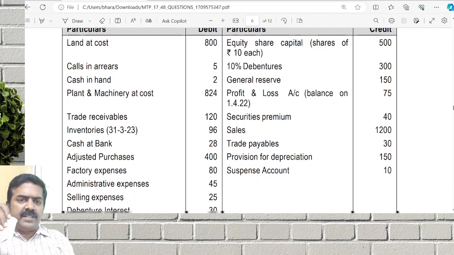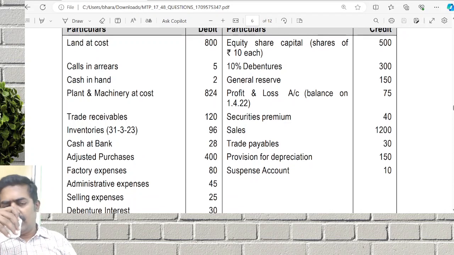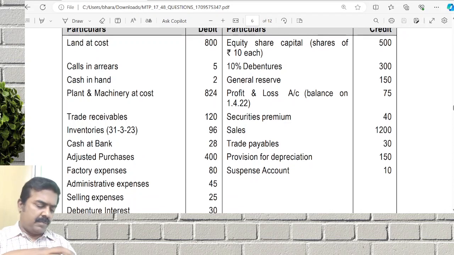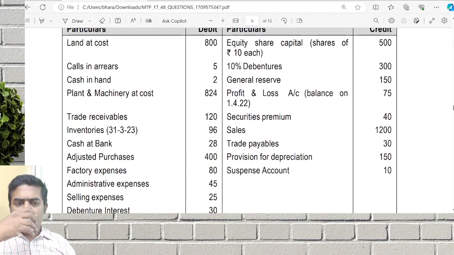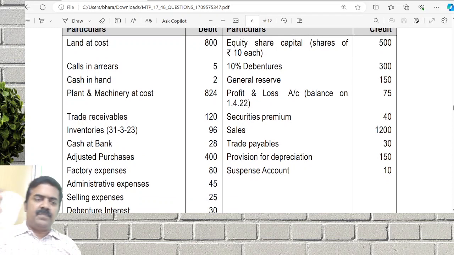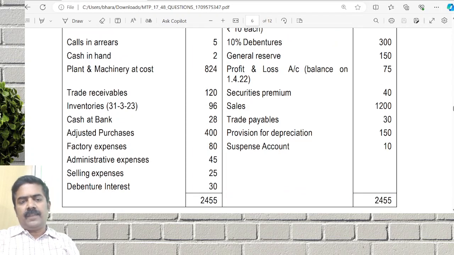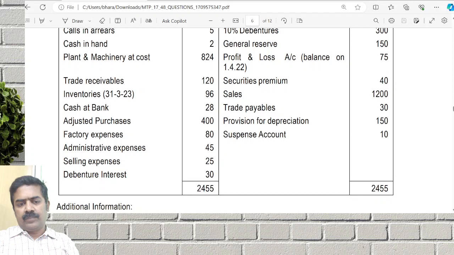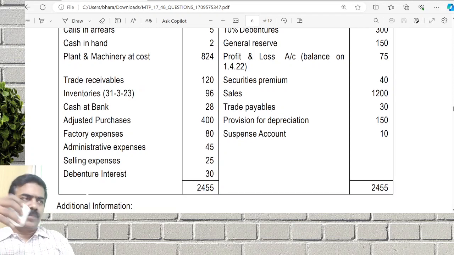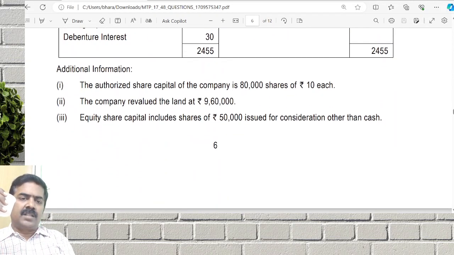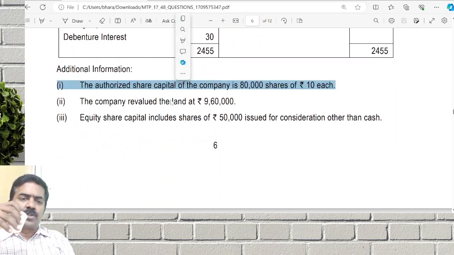Just read the basic data once again. Authorized capital is just a notes to accounts.